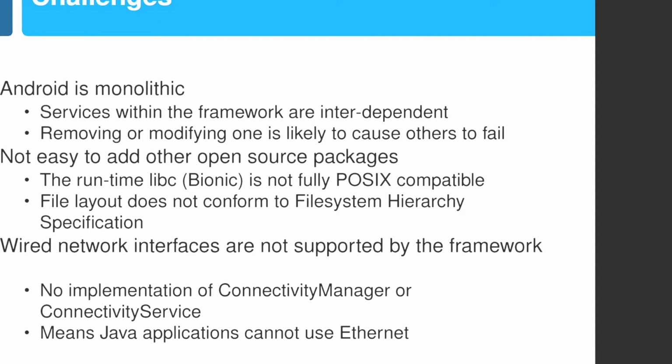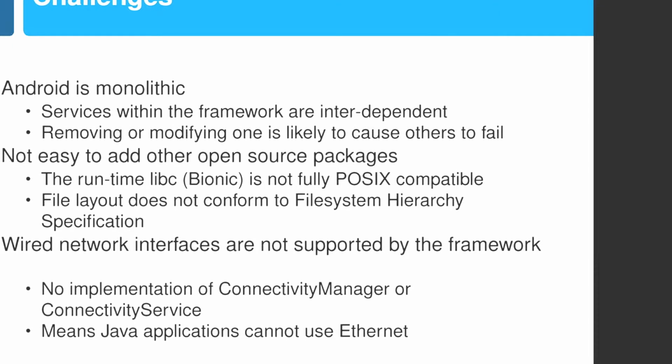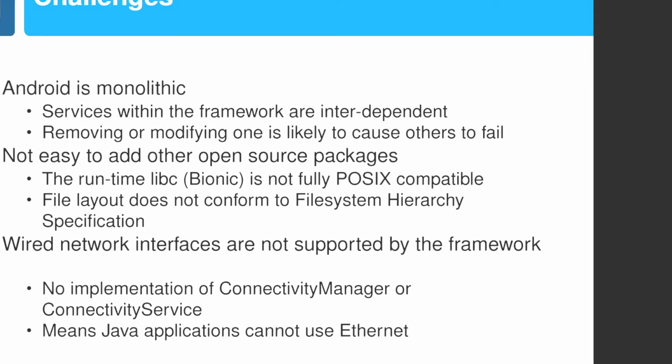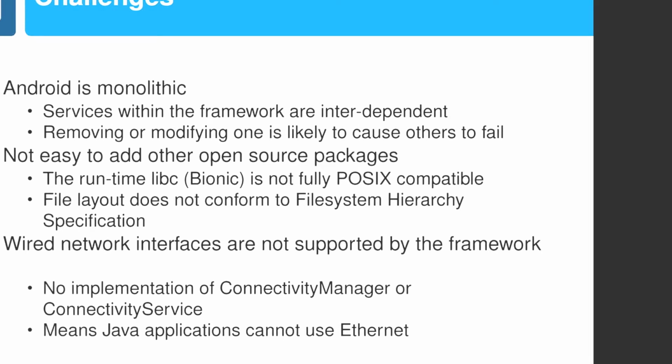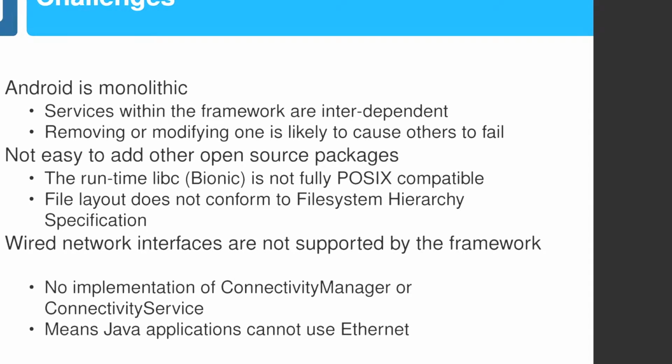But there are some challenges when adapting Android to your new device. First of all, Android itself, the way it's put together, it's a monolithic system. Okay, so there's some build options we'll look at later on, but essentially what you get is what you get. Android is Android. Another problem is that the C library they're using, called Bionic, is not fully POSIX compliant. That makes it difficult to bring code in from outside and integrate it with the Android device.